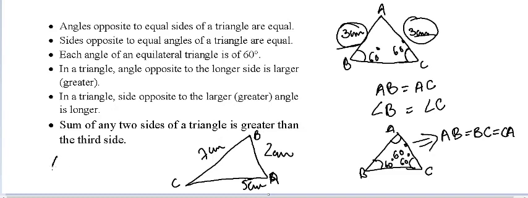So AB plus BC, right? These are the two sides. This will be greater than the third side always. Any two. It's not necessary that it should be AB only. It can be BC, it can be CA, right? So sum of any two sides of a triangle is greater than the third side.